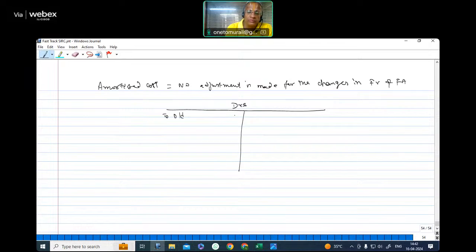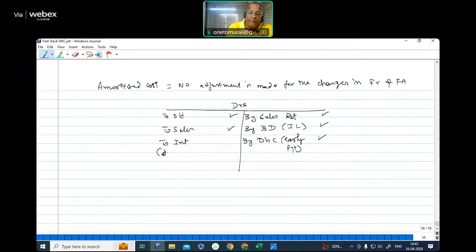To balance brought down, to sales made, by sales return, by bad debts, you call it impairment loss, by discount for early payment, to interest for delayed payment, then by cash, whatever, seller.